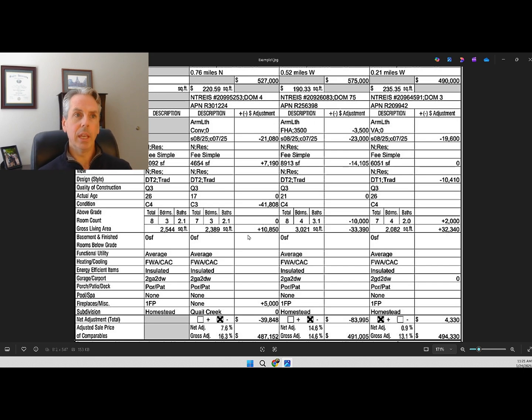If I say I have supported the site adjustment at maybe $5 a square foot, that $5 a square foot only has meaning in the context of what I am adjusting for gross living area. They're correlated together.